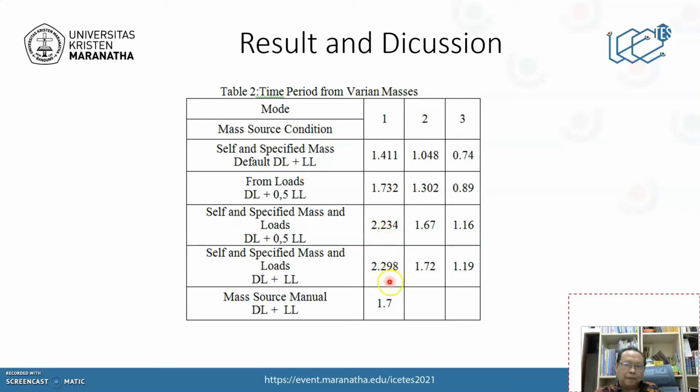So they become a higher point of time period. From this table, we see that for from loads, the time period is near the mass manual. So perhaps the live load is not included in the default.